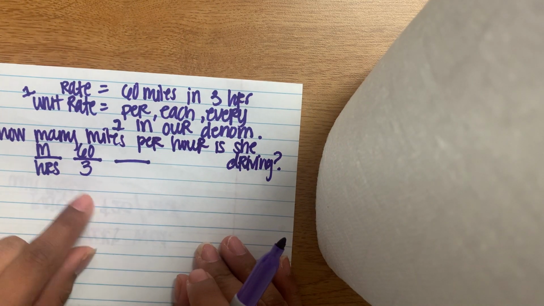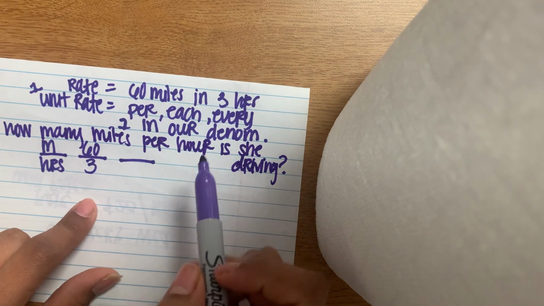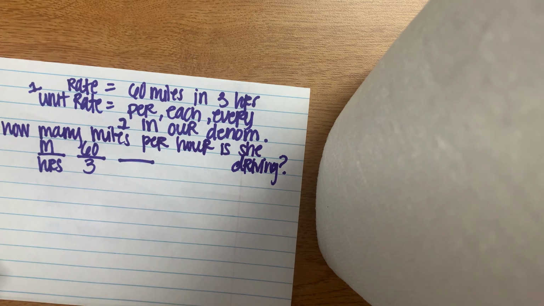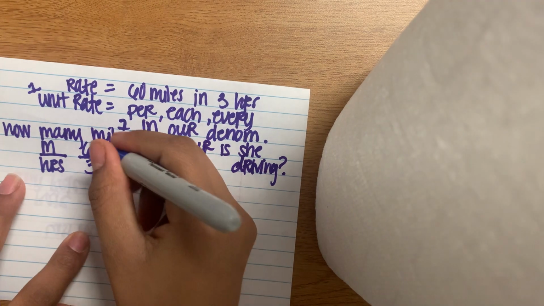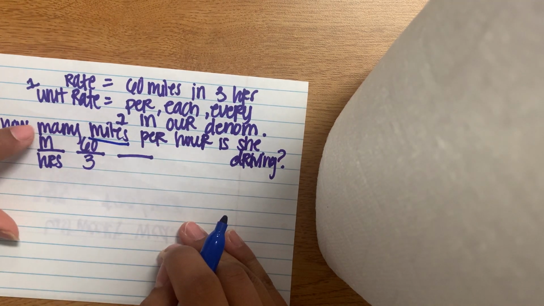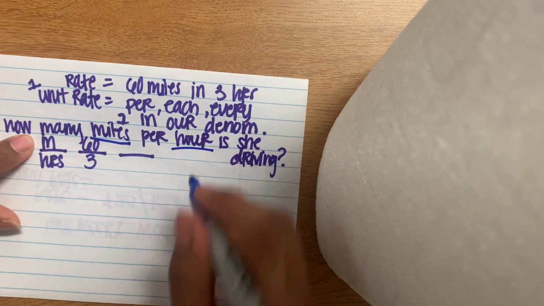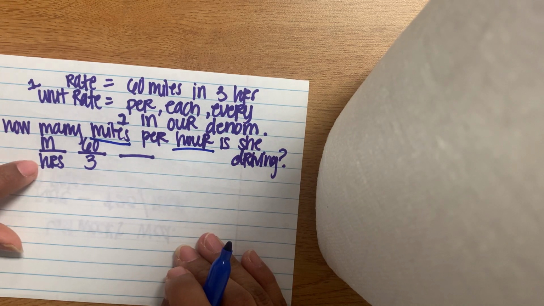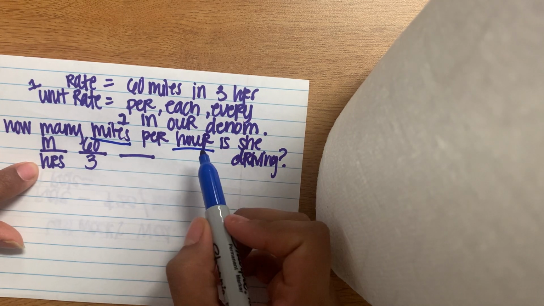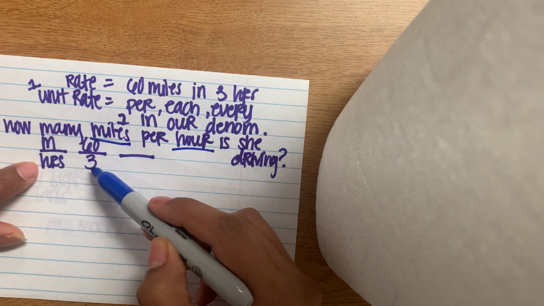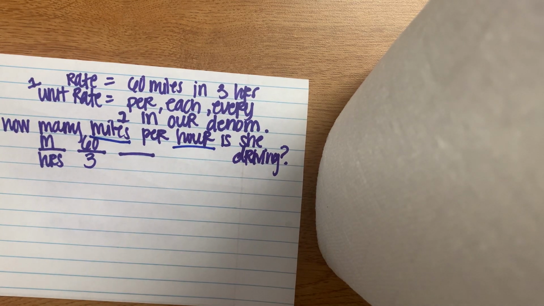So we already built our proportion, and remember I told my kids whatever comes first in the sentence is what we use in our numerator. What comes second is what we use in our denominator. So here I have miles first, which is in my numerator, and then I'm asked about hours, which is in my denominator. Now I know what I have to put in my numerator and denominator, and I have that lined up already.